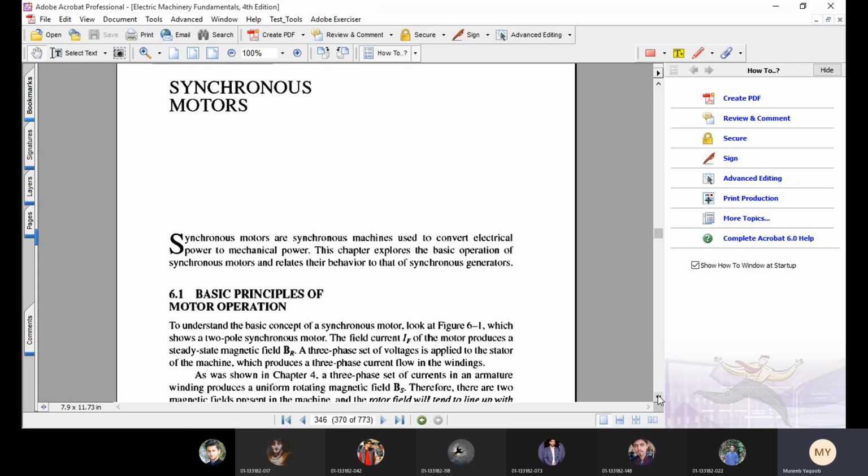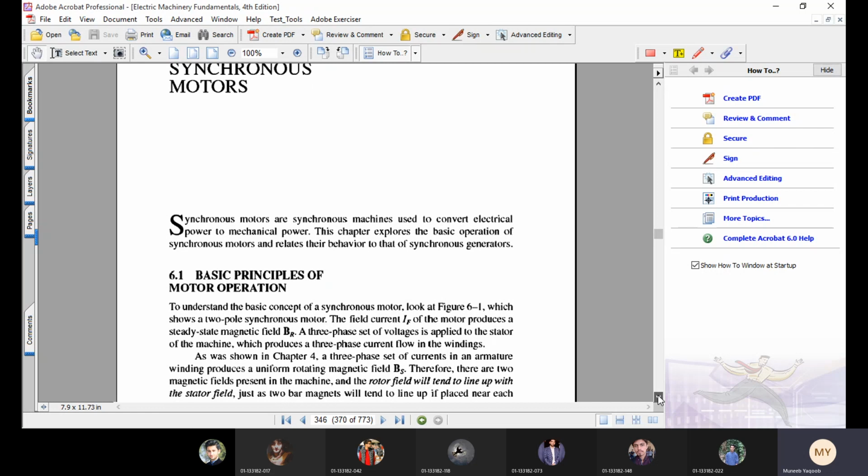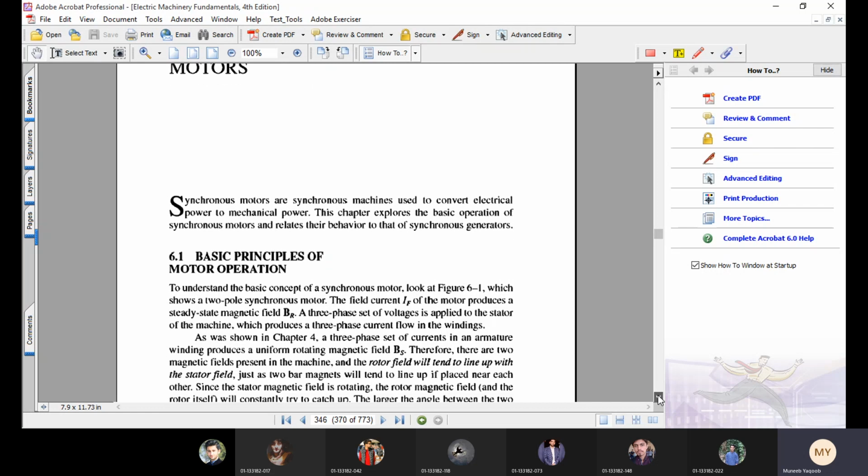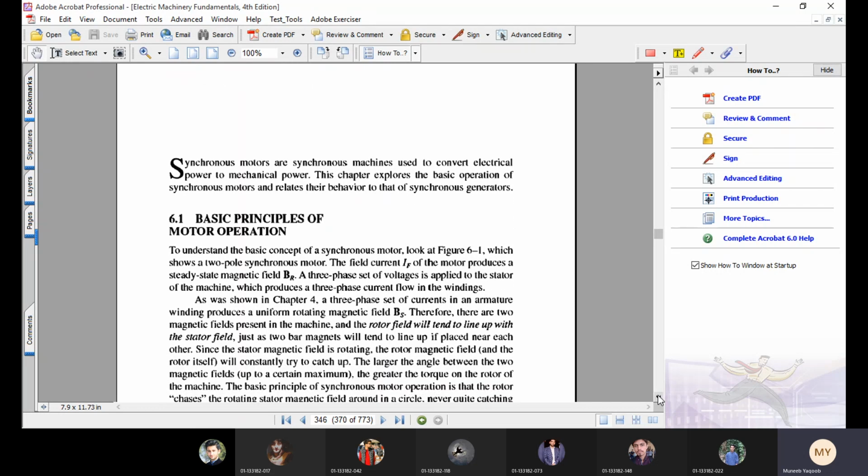Still, the author has given an entire chapter to this motor. In my opinion, it's not worthy of it. But still, since they had given an entire chapter, we will cover some of the important parameters and features of this motor.